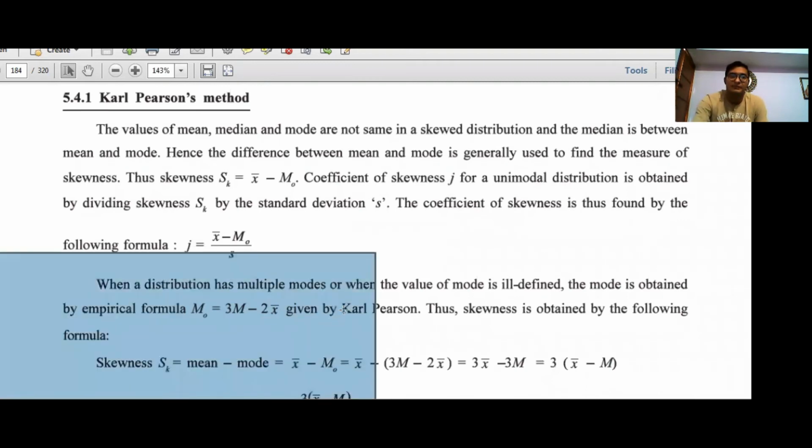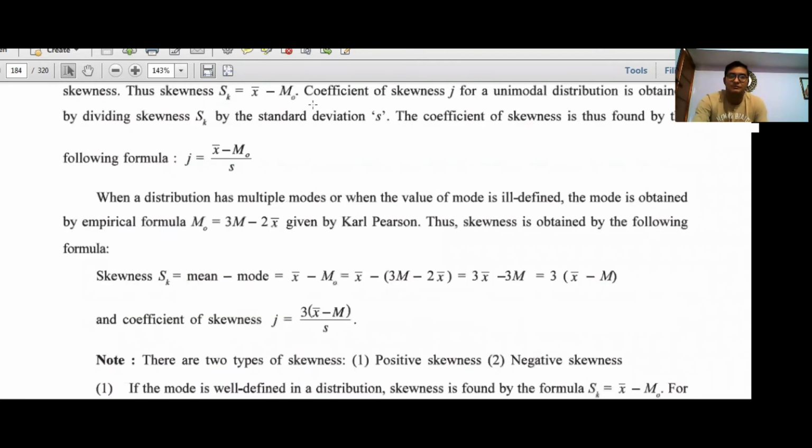Okay. So now there is another formula for skewness. When the mode cannot be found clearly, then Sk equals 3 times x bar minus M, where M stands for median.